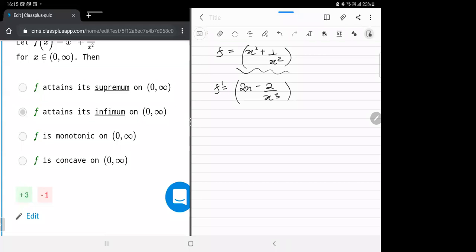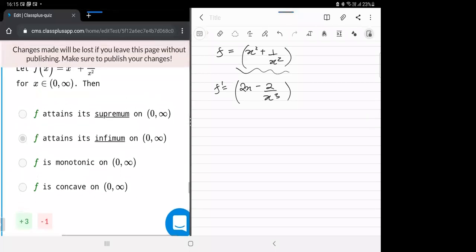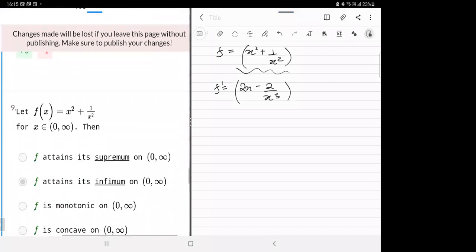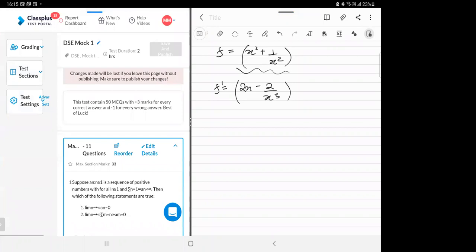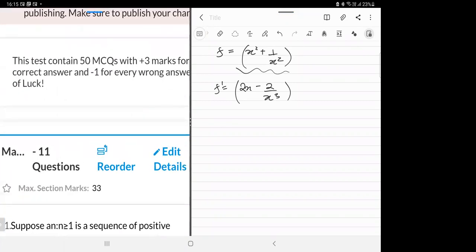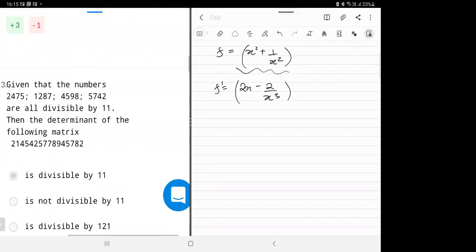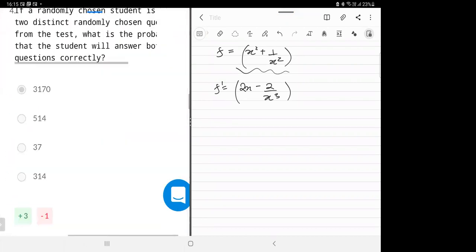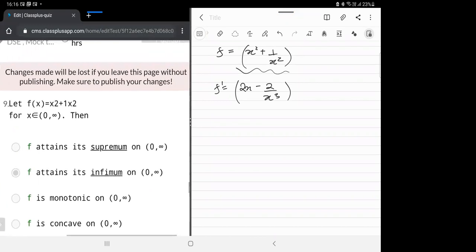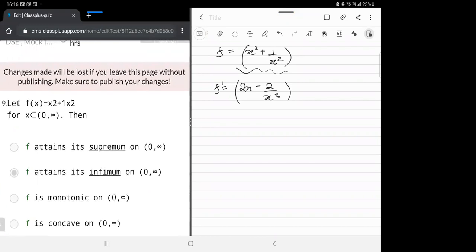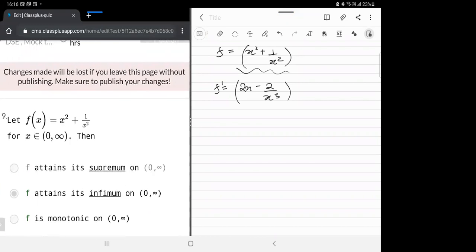Now, my function is x square plus 1 by x square, and f prime is 2x minus 2 by x cube.